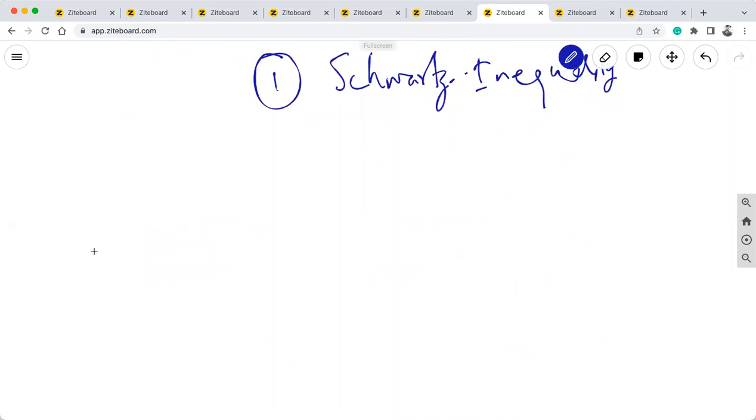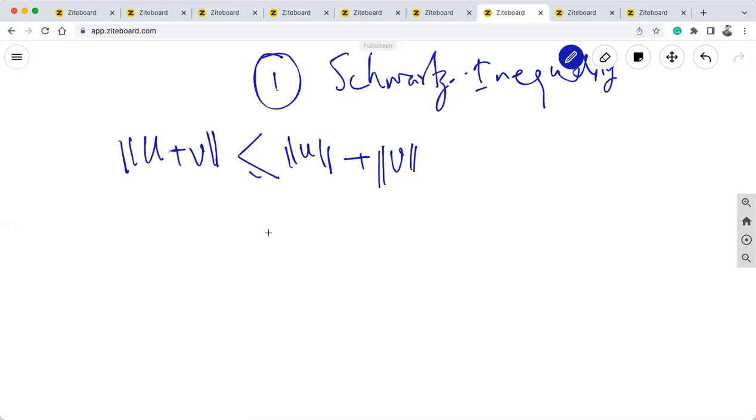If you have two vectors u and v, and you take the addition u plus v, the norm will always be less than or equal to norm u plus norm v, and this is known as the triangular inequality.